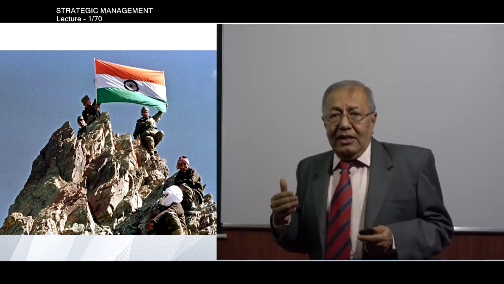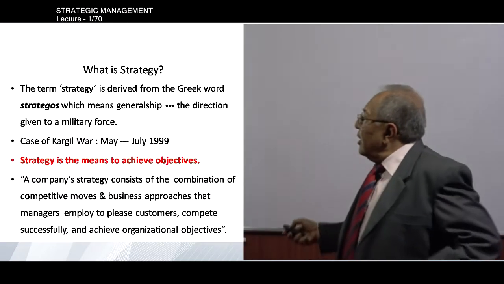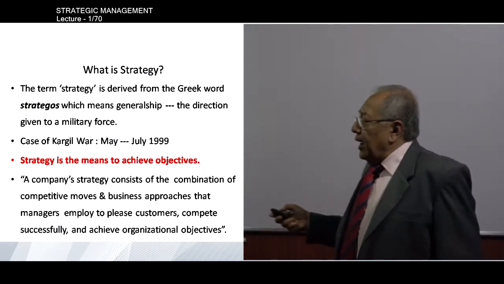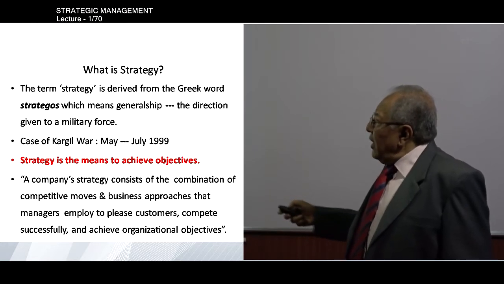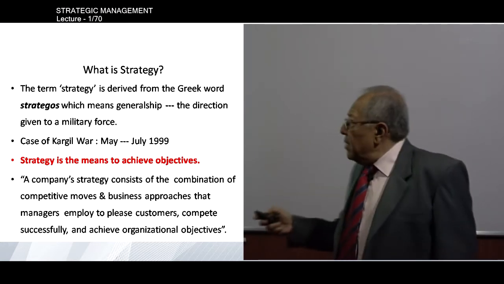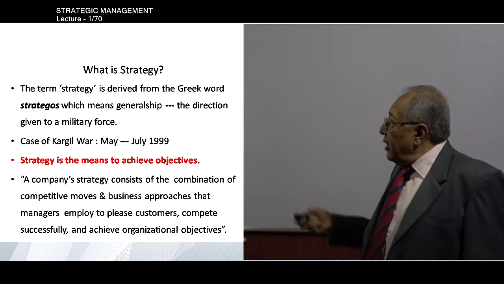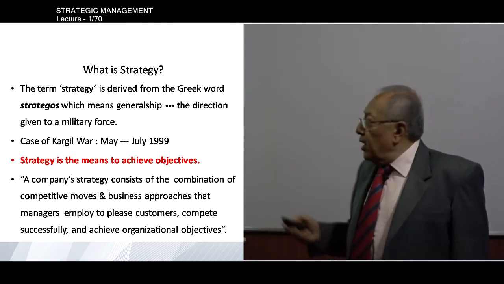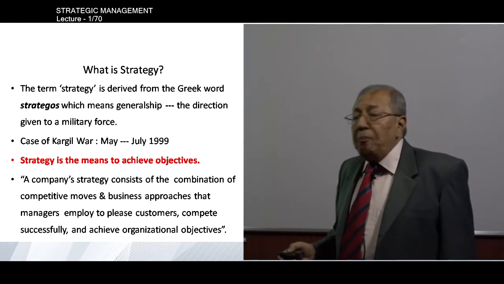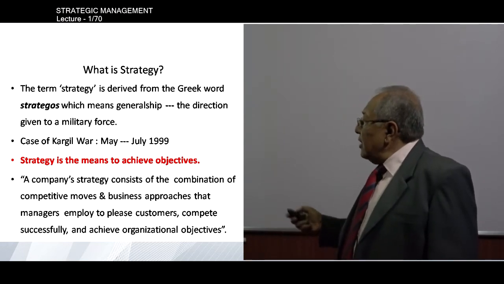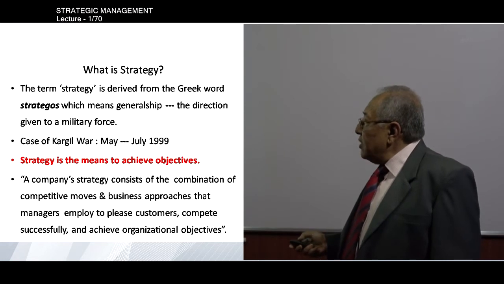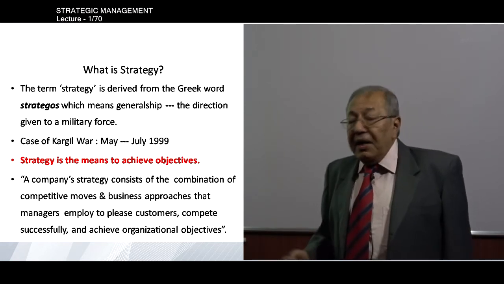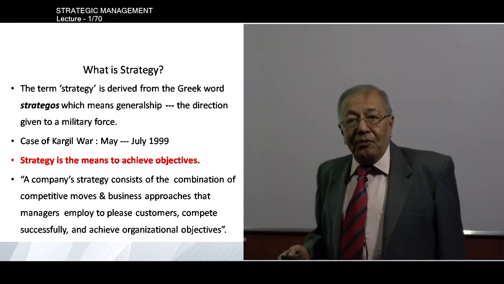Now, if we take this parallel to a commercial situation, we can say that if the definition of strategy is the means to achieve objectives, then a company's strategy consists of a combination of competitive moves and business approaches that managers employ to please their customers, compete successfully and achieve organizational objectives.